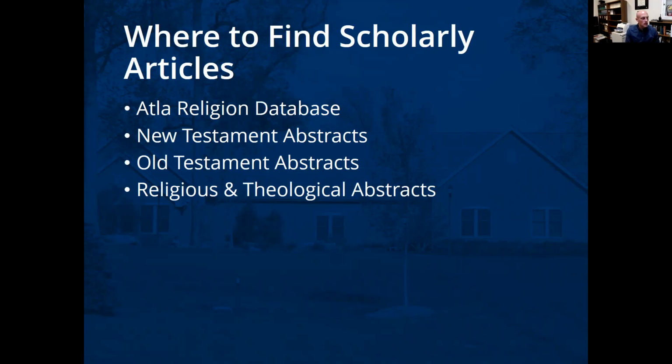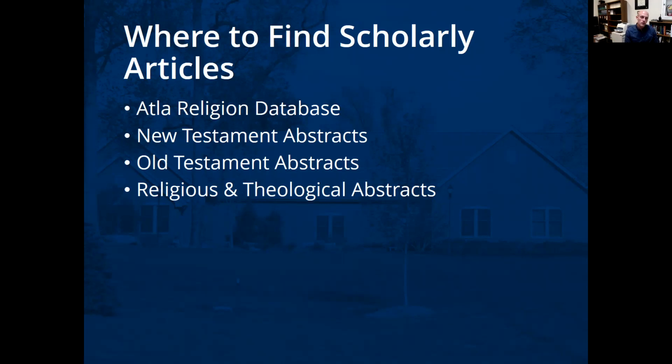New Testament, Old Testament, and Religious and Theological Abstracts are going to have records for a lot of resources that you may not have immediate access to. But there are other ways that you can get hold of records that you find in those databases, and we'll look at that in a minute. But for all four of these resources, there's going to be a lot of overlap between them.